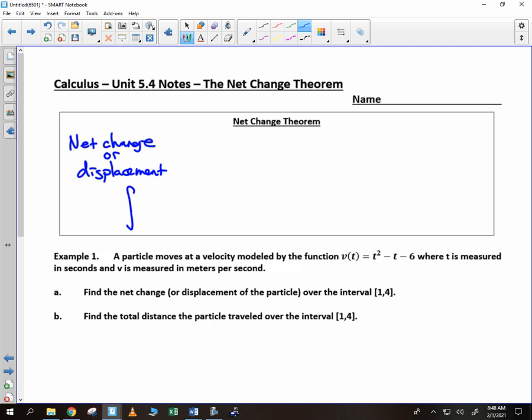The integral from a to b of the velocity function is equal to the position or the displacement.